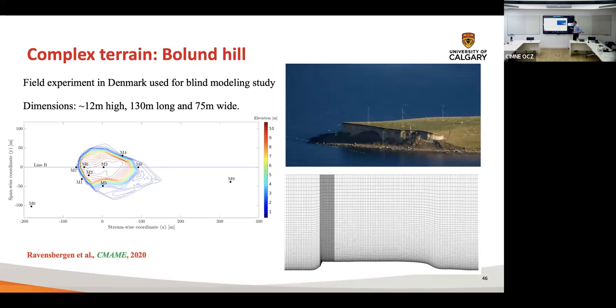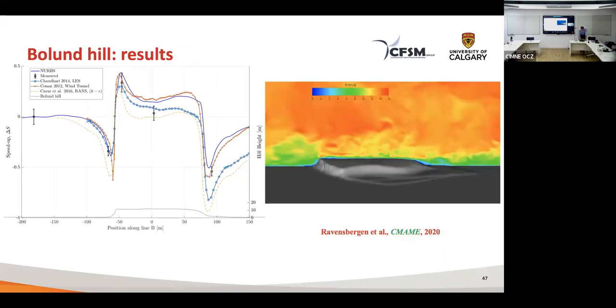The good thing for us, bad thing for numerical people in general, is that it has a very sharp point here, and it also has a recirculation happening on the lee side. Those are the two most critical zones. The good thing is it has all of the measured data, which we can compare to.